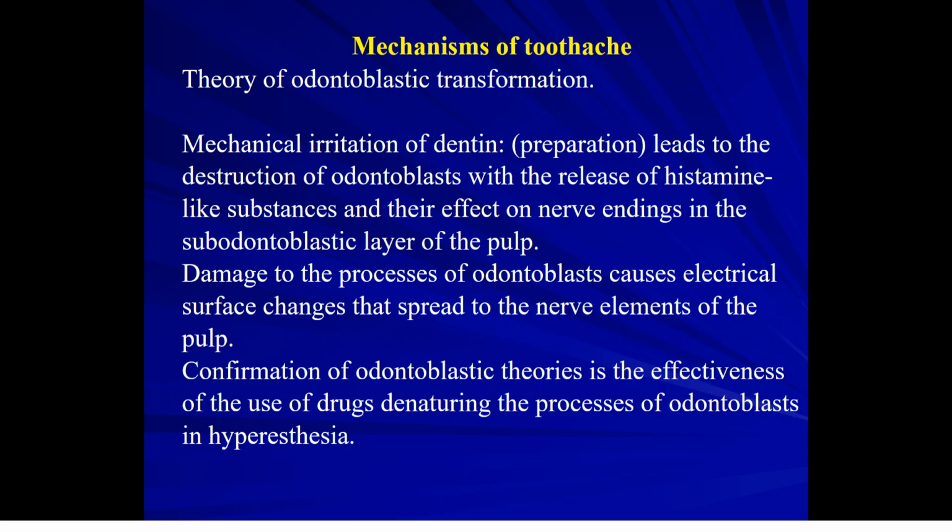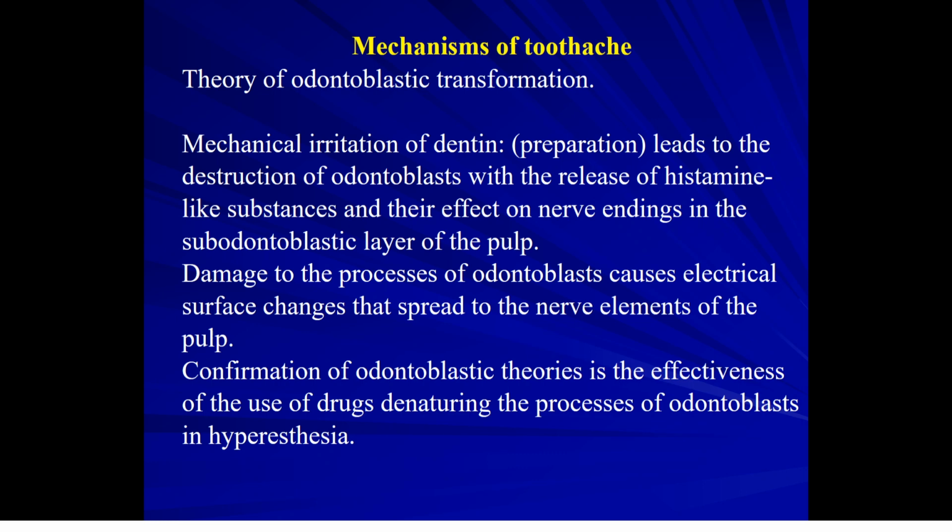Theory of odontoblastic transformation. Mechanical irritation of dentin due to preparation, for example, leads to the destruction of odontoblasts with the release of histamine-like substances and their effect on nerve endings in the subodontoblastic layer of the pulp.